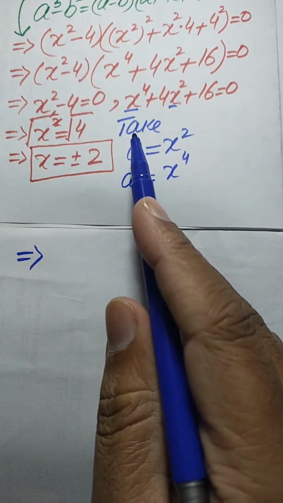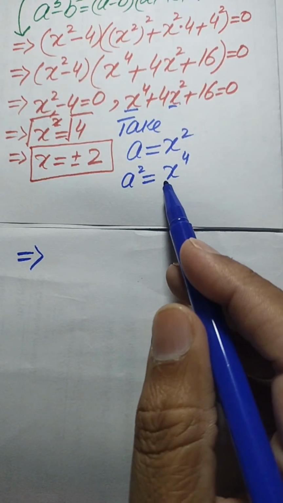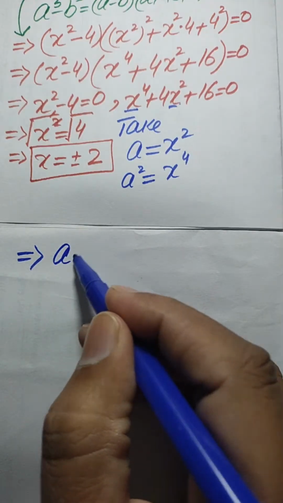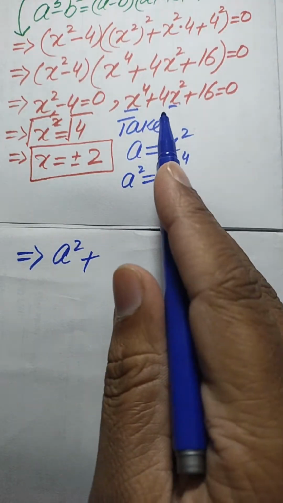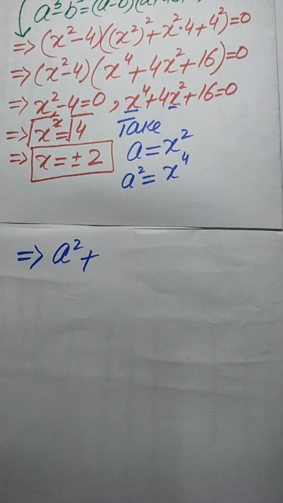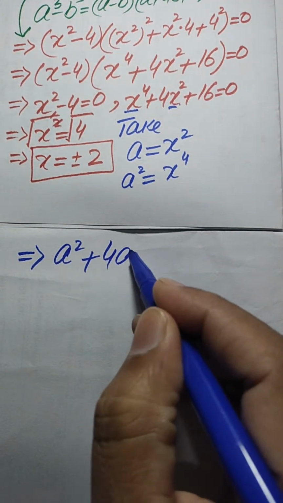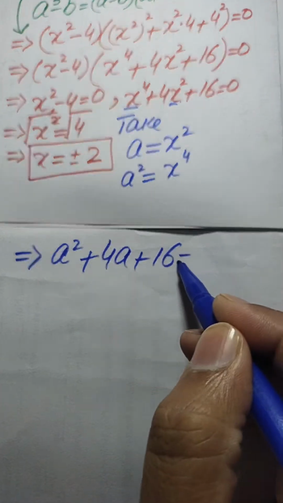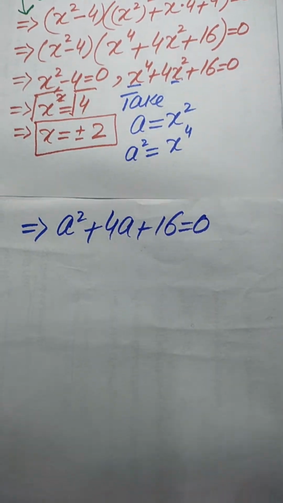So this is x to the power of 4, which equals a square, plus 4 times x square. The value of x square is a, and it becomes 4a plus 16 equals 0.